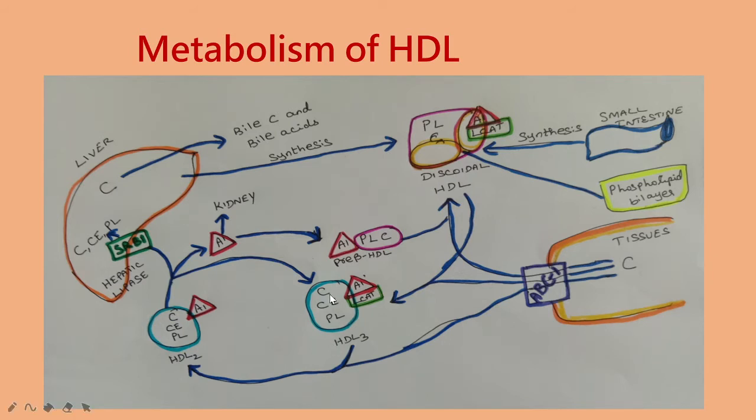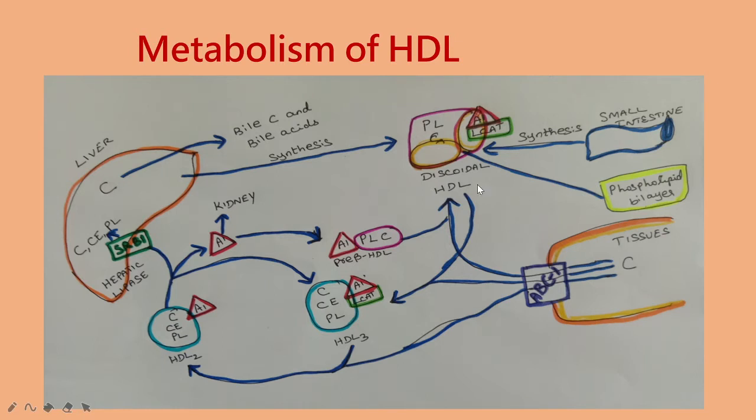This spherical HDL structure is called HDL3. This is how we classify HDL as HDL1, HDL2, HDL3. The nascent form of HDL, which has a discoidal shape, is called HDL1.